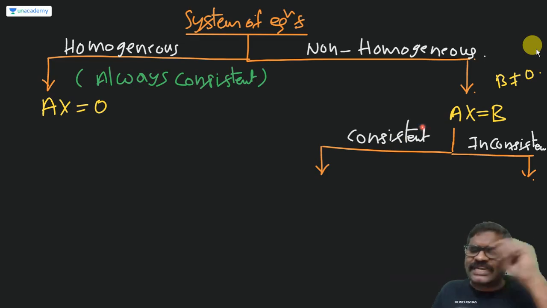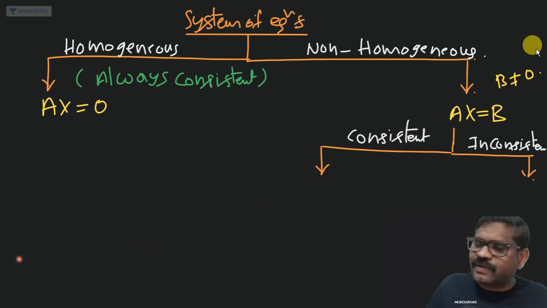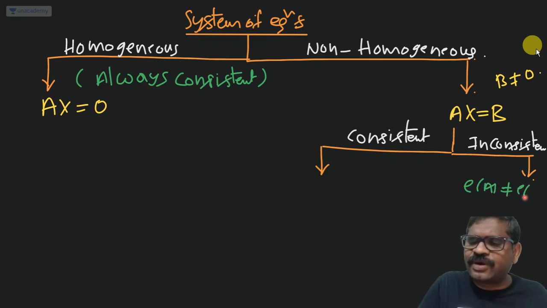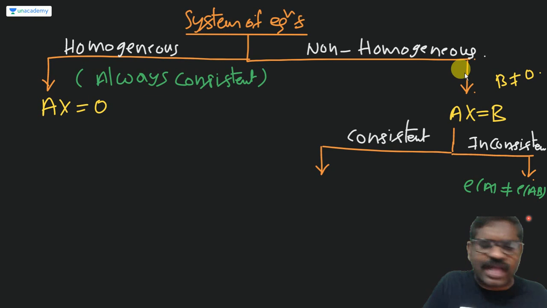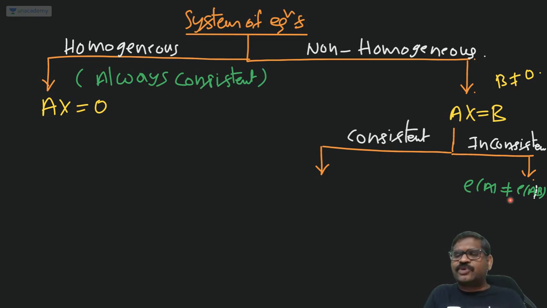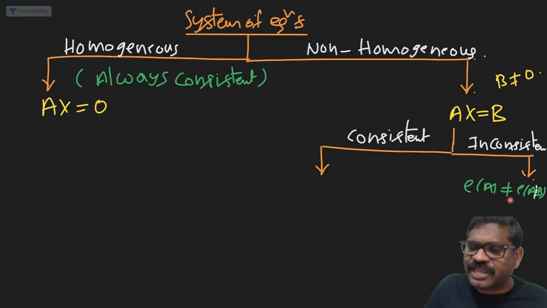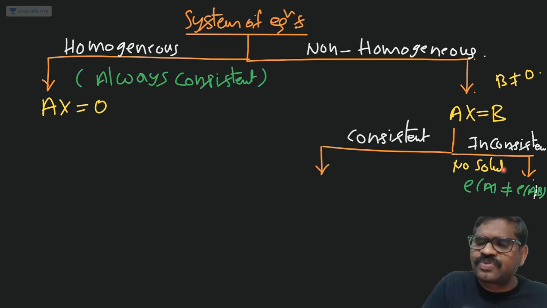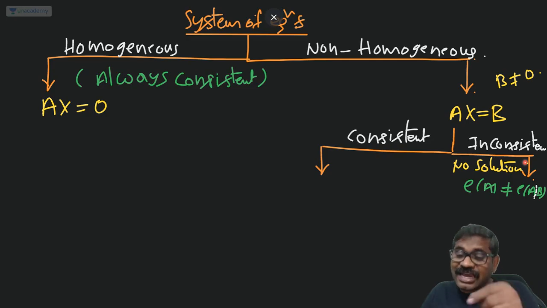Sir, when is it inconsistent? When rank of A is not equal to rank of the augmented matrix AB, the system is inconsistent. Inconsistent means no solution. Consistent means it possesses a solution.